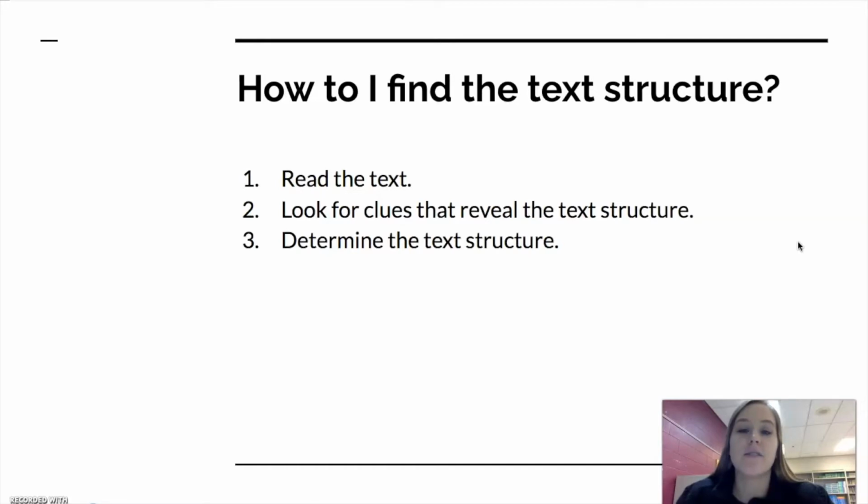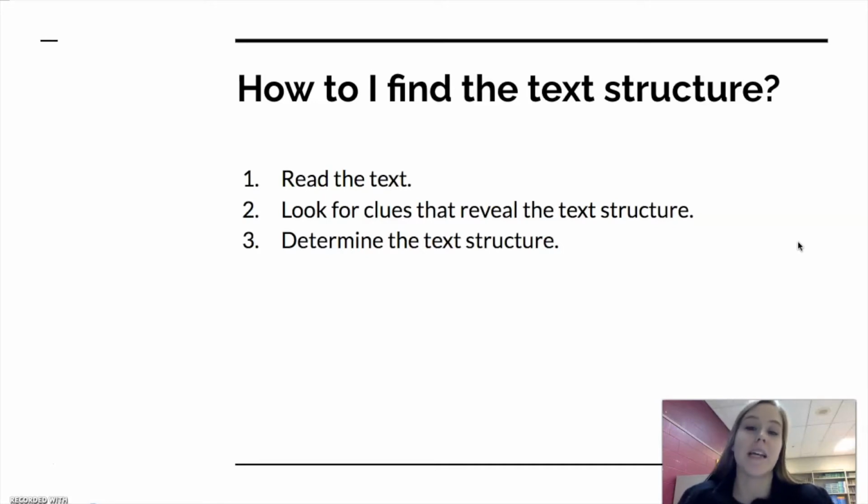If we are trying to find the text structure, we have 3 steps that we're going to follow. Step number 1, you have to read the text. That's always going to be the first step. You definitely can't tell me the text structure if you haven't read it. Step number 2, we are going to look for clues in the text. So we're going to put our detective hats on today. We're going to look for those clues to try to find the text structure.